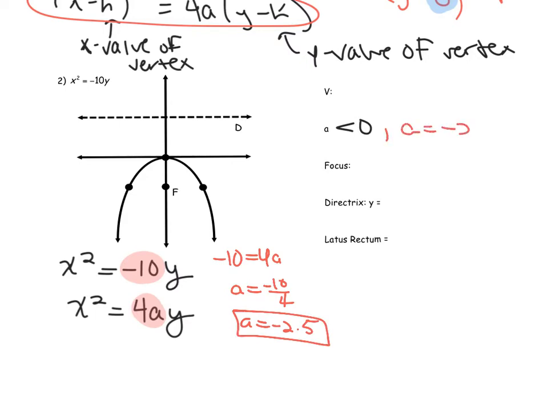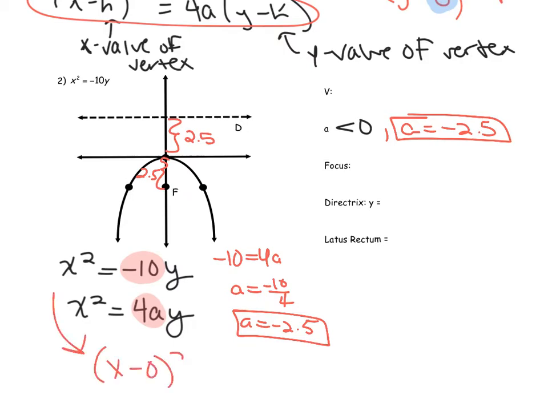A equals negative 2.5. Okay, so then I know that this distance from here to here is 2.5, and then the distance from here to here is 2.5. Let's figure out what the vertex is. I can rearrange this equation to read as x minus 0 squared is equal to negative 10 times y minus 0, where there's my vertex at 0, 0.